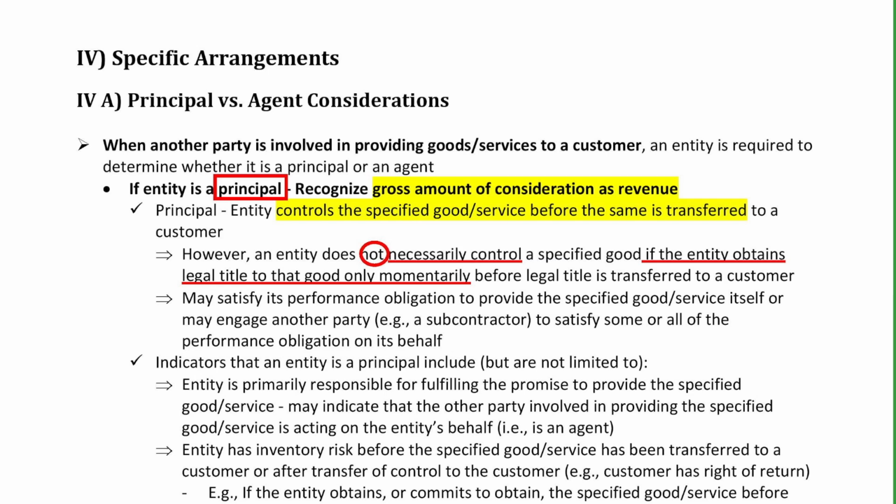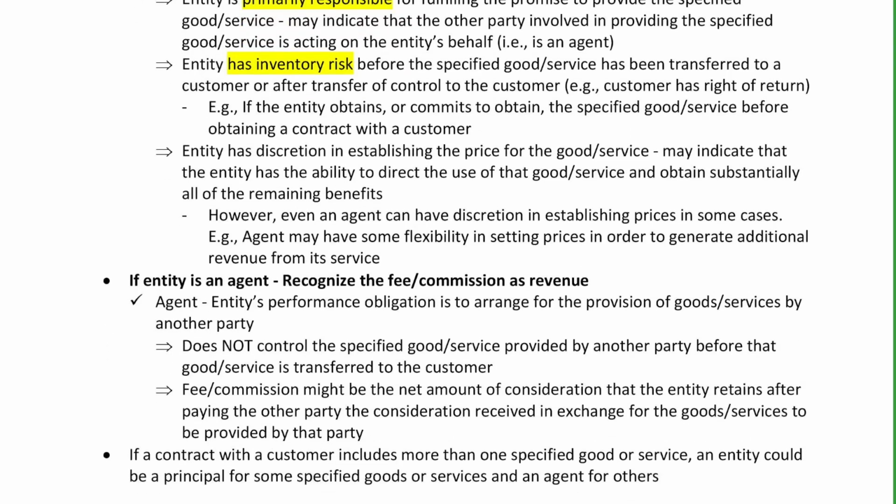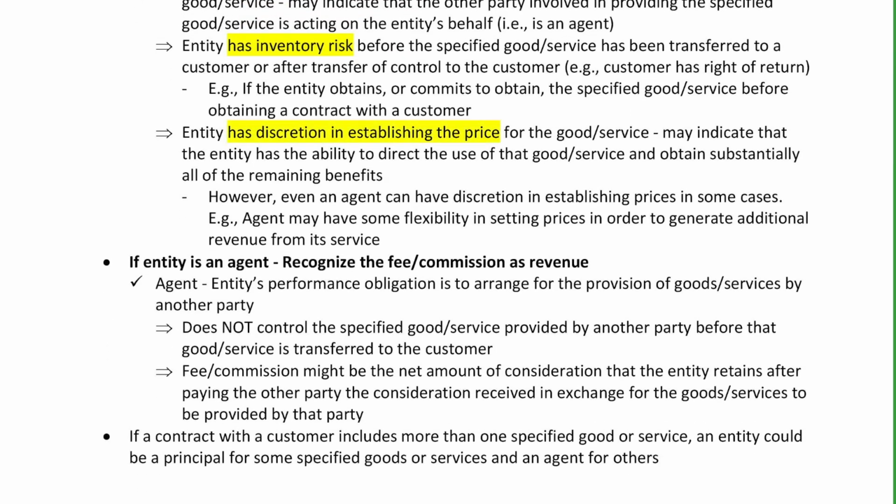Now, to determine that an entity is a principal, look out for few indicators like whether entity is primarily responsible or the entity has inventory risk or that the entity has discretion in establishing the price for the good or service. Underline, however, even an agent can have discretion.